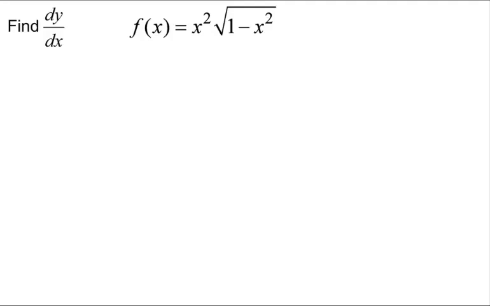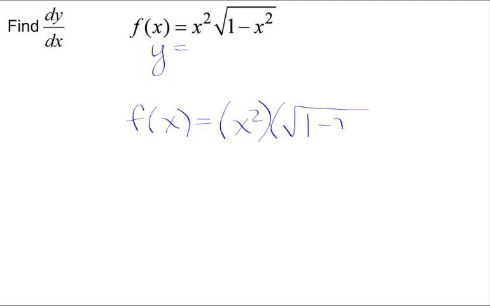These instructions say find the derivative of y with respect to x. Here is y. We know that y can be rewritten as f of x and vice versa. So I have f of x equals x squared times the square root of 1 minus x squared.